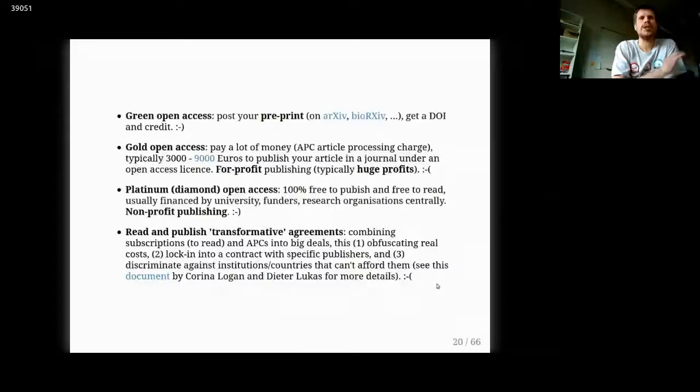Universities or libraries will pay huge amounts of money, and part of that money is supposed to be for you to read the papers, part of that money is supposed to be for you, as researchers, to publish, but nobody really knows how much money we pay for what. And that's also kind of a lock-in into these contracts with very specific publishers that will discriminate against institutions and countries that cannot afford these deals. In the slides, and in the blog post, there is a link to a document written by Corina Logan and Dieter Lucas that describes this in greater detail. So that's an example where something is sold as being open, but in my opinion, it's not at all.